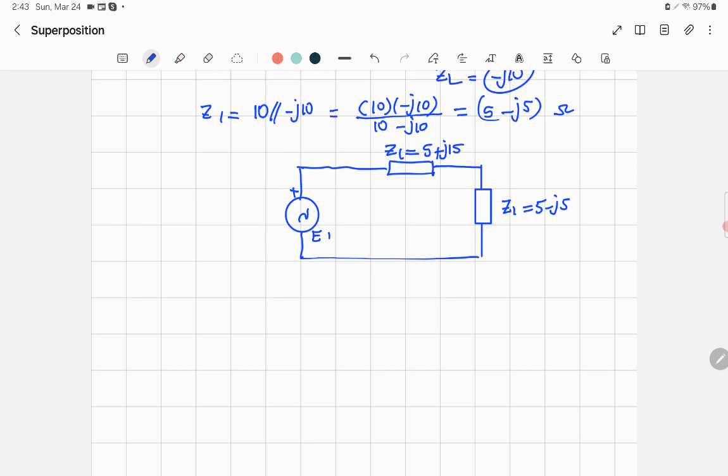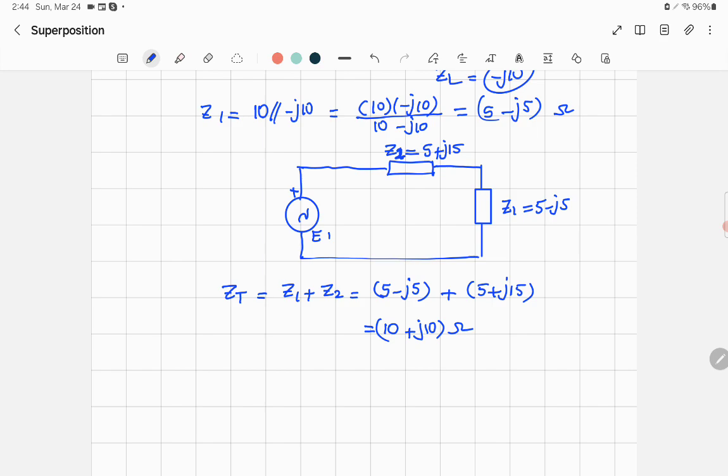So Z total, the total impedance, is equal to Z1 plus Z2. Z1 is equal to 5 minus j5, and Z2 is equal to 5 plus j15. Add these two impedances, so I can get the total. It's equal to 10 plus j10 ohm. Okay, so that's the total impedance.